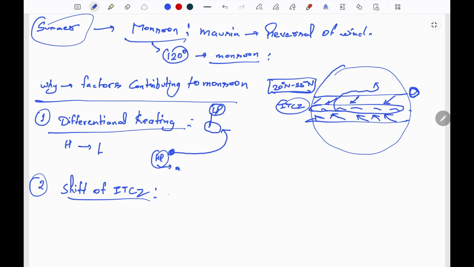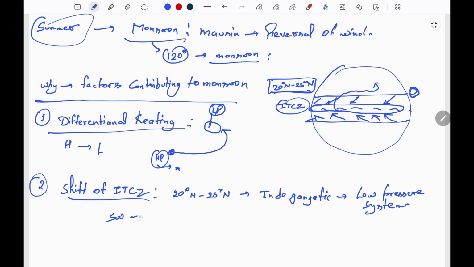If this ITCZ is shifted 20-degree north to 25-degree north over the Indo-Gangetic plains, then there will be an intense low pressure system that will attract moisture-laden wind from oceans, which is the southwest monsoon.